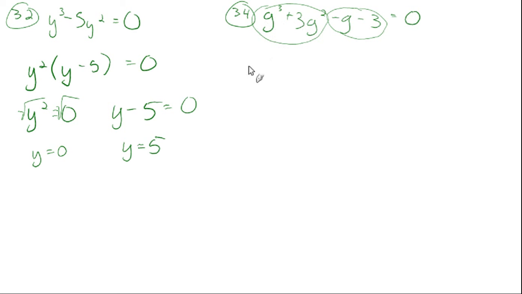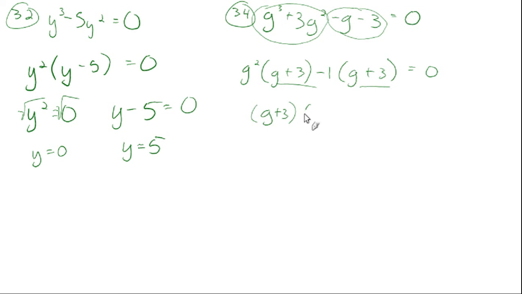These two have a g squared in common, so we get g plus 3. And let's factor a negative 1 out of these two, so we get g plus 3, positive g plus 3. And now these have a factor of g plus 3 in common. You get g squared minus 1. So good, now we factored it.